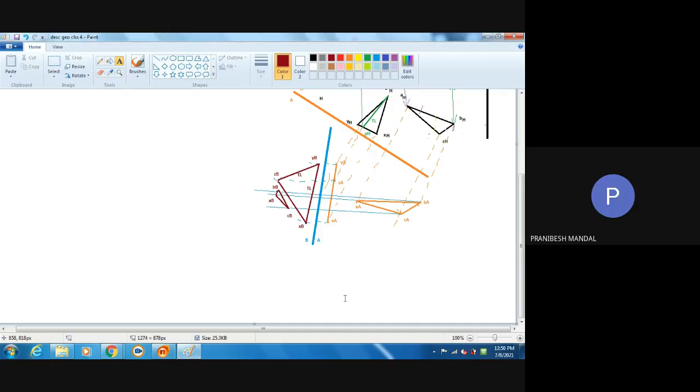Now, tell me, how are we going to find out both the planes in the edge view? After this, can you predict? It is very easy now, at least now it is very easy.